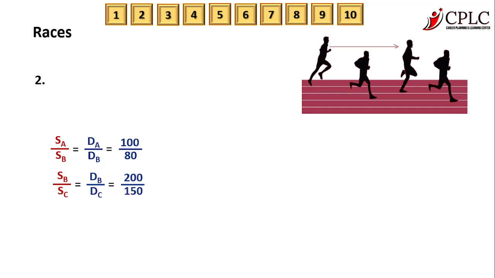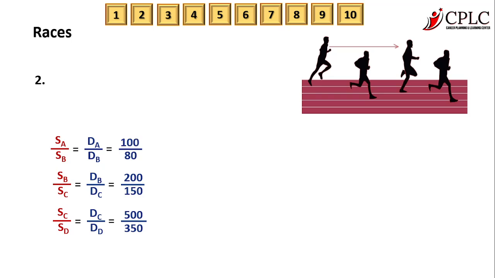So B covers the entire 200 and C covers 150 meters. And lastly, C beats D by 150 meters in a 500-meter race. So C covers the entire 500 and obviously D does 150 less, that is 350 meters for D.